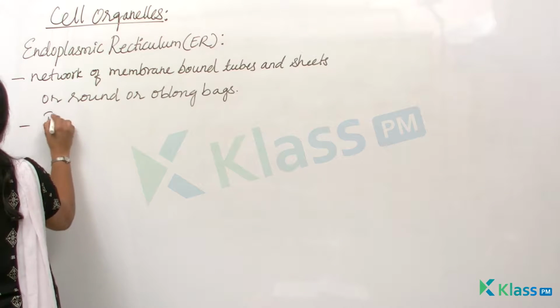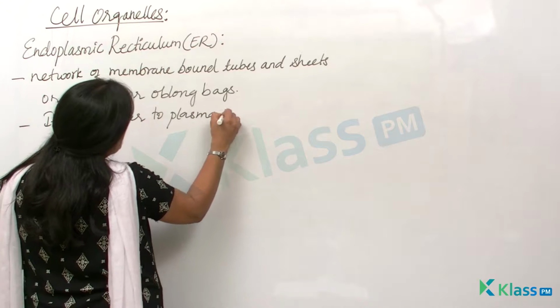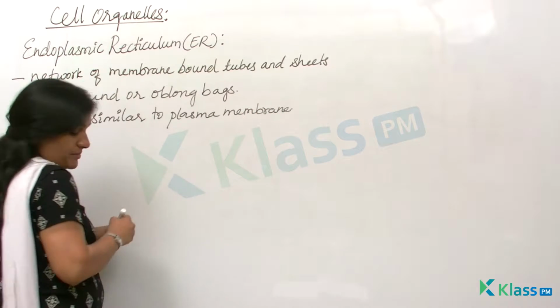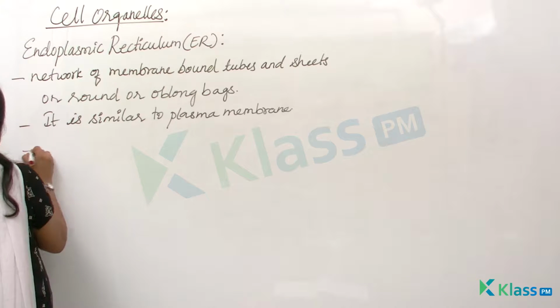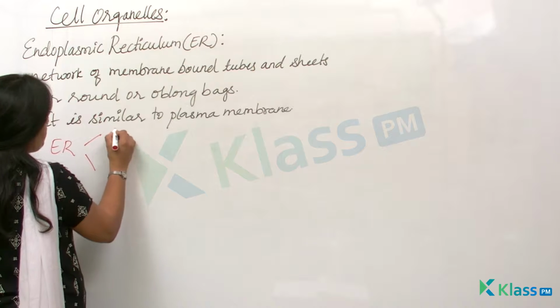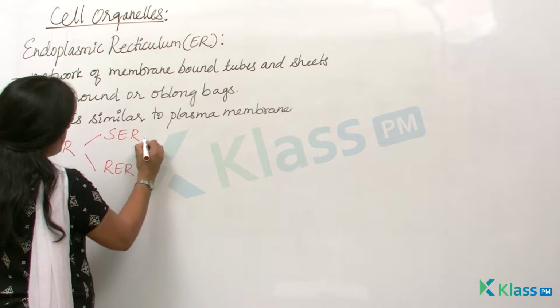Its structure is similar to the plasma membrane. ER is broadly classified into two types, SER and RER.